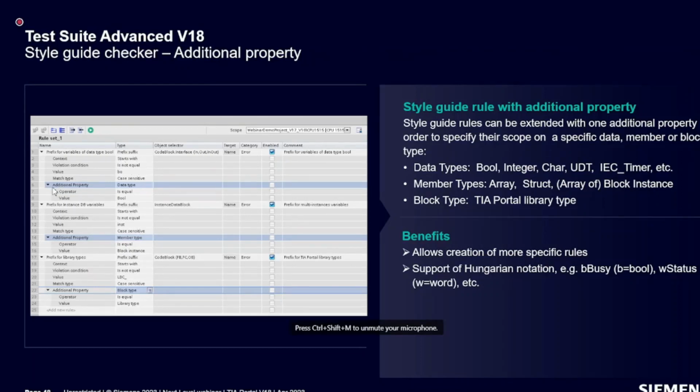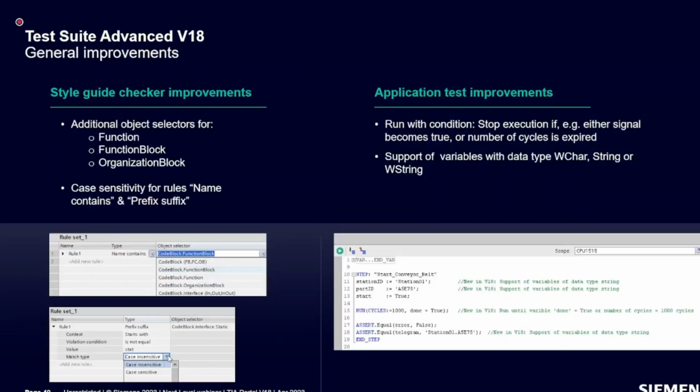The additional property is newly introduced, which allows us to scrutinize the function block which we want to test. Suppose you are writing a test case and this test case has to be tested only on Boolean variables, then you can see the data type, member type, and block type, and with this filtration, you can scrutinize your test case to particular functions. So this is one of the advancements in the style gate checker.